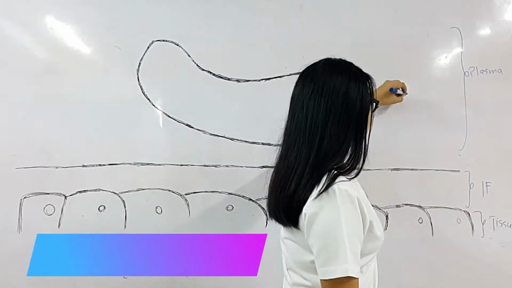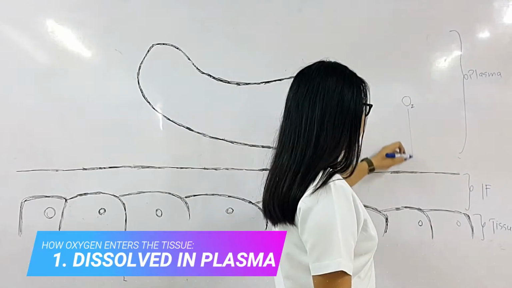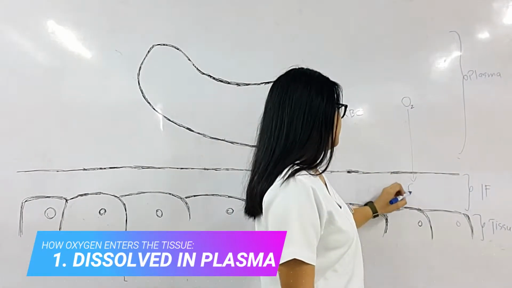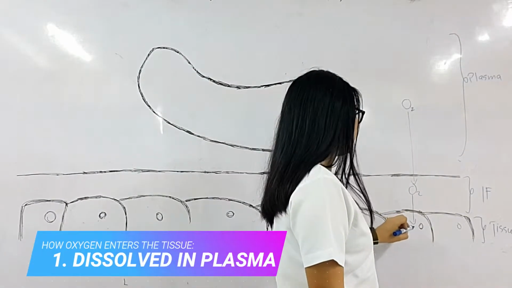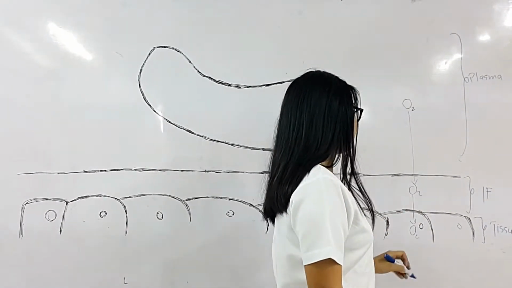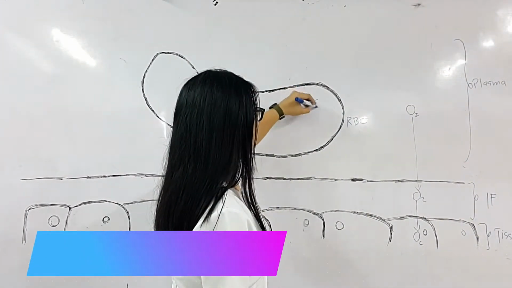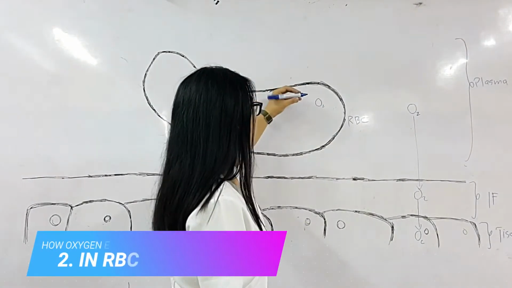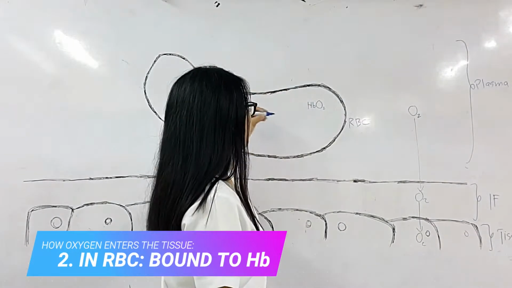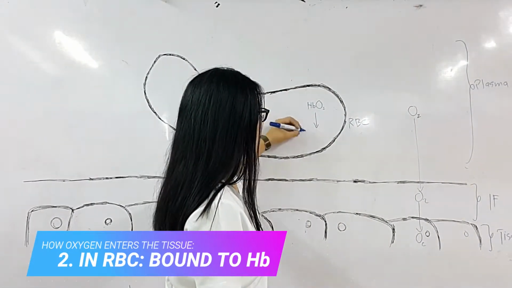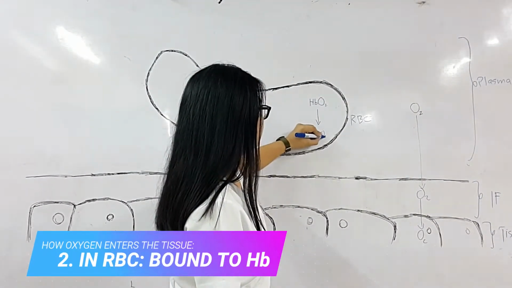Some of the oxygen can be dissolved in the plasma and can enter the interstitial fluid and then enter the tissue and be utilized as energy. The majority of the oxygen is transported into the red blood cells, and it is bound to a molecule called hemoglobin, wherein it will dissociate and form hemoglobin and oxygen.